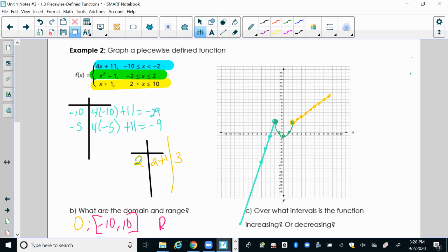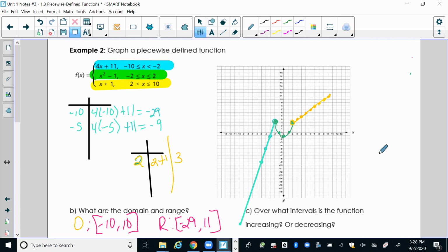And our range, our values of y, our lowest value of y is negative 29, and it was, again, defined at that value, up until our largest value is 11. And again, it is defined at 11 as well. So there's our domain and there's our range.